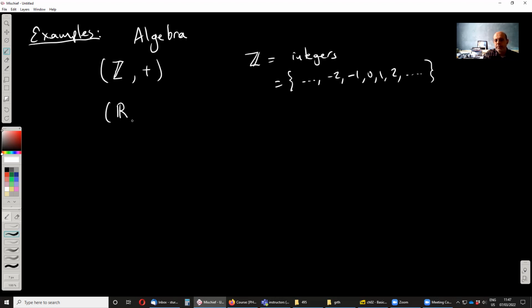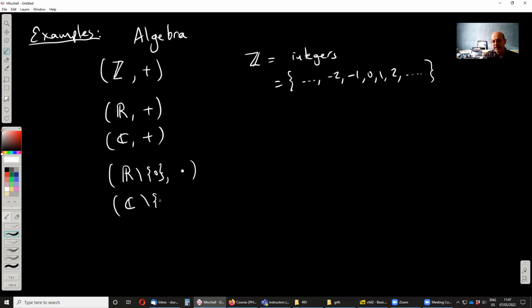The set of real numbers with addition, complex numbers with addition, or the rational numbers with addition, and things like that. And there are things like the real numbers where zero is subtracted, together with multiplication, which is a group, or the complex numbers, or the rational numbers, and things like that, all right? So these are some examples of groups that we get from algebra.